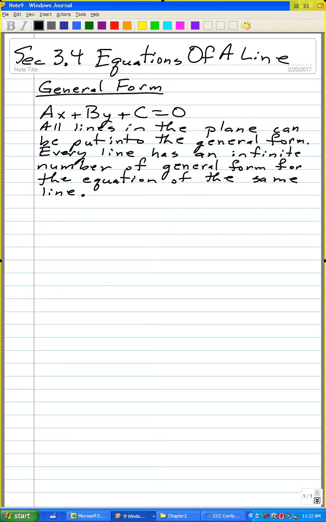So unfortunately, this form for the equation of a line is not unique. There's an infinite number of equivalent forms for the equation of a line if you write it in general form.